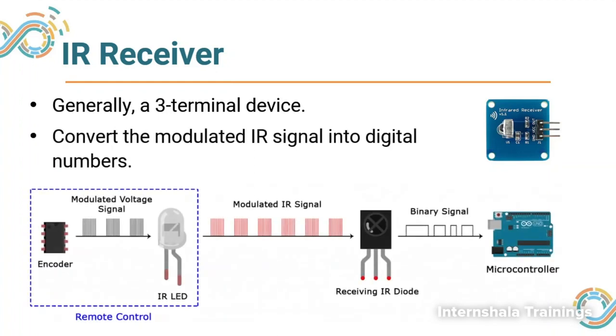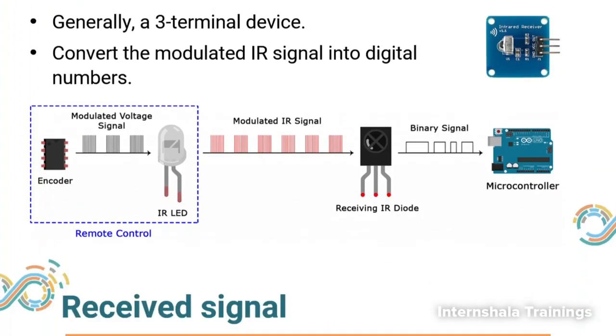It converts the modulated IR signal into a digital number. Your remote control, which has an IR LED, sends a modulated IR signal. Your IR receiver receives and decodes the button value as a binary value and sends it to our microcontroller, which is Arduino in our case.